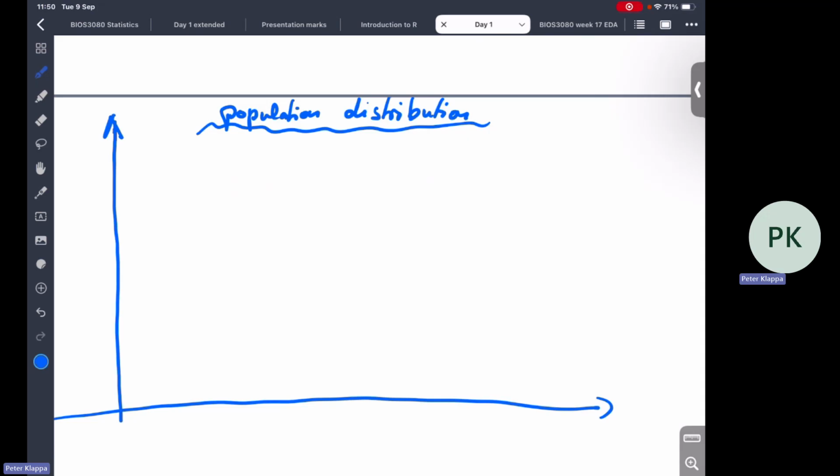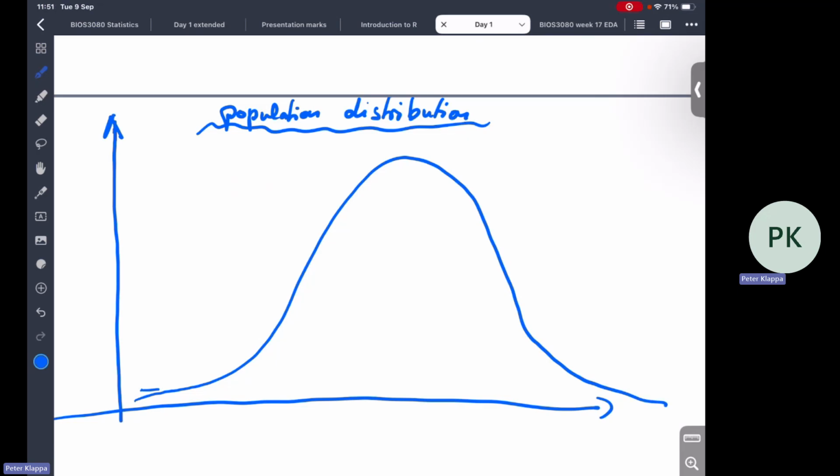There are a few people who are tall. But most people are sort of in between, in the middle. And when we draw such a distribution, we would find something like that. You've seen something like that before. It's the famous bell curve, because it looks like a bell.